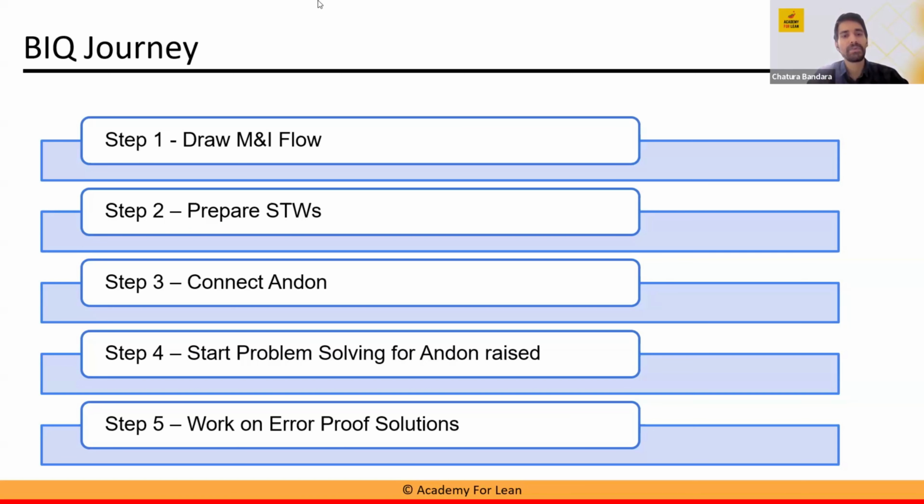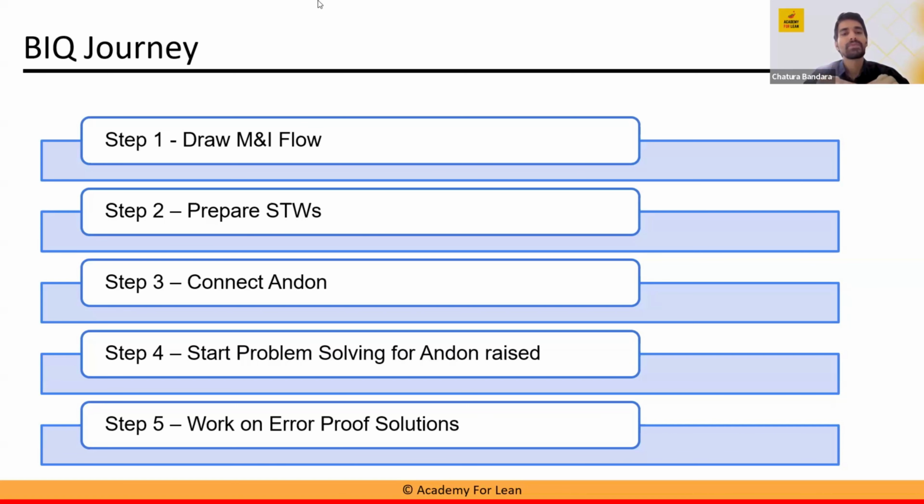The second step is to prepare the STW. In CLQP, the Certified Lean Quality Performer Program, we are going to do only the drawing part. But in the CLQE, Certified Quality Expert Program, we will connect this advanced M&I flow to preparing the STW. Darshana talked about STW last week, a little understanding of how STW works.